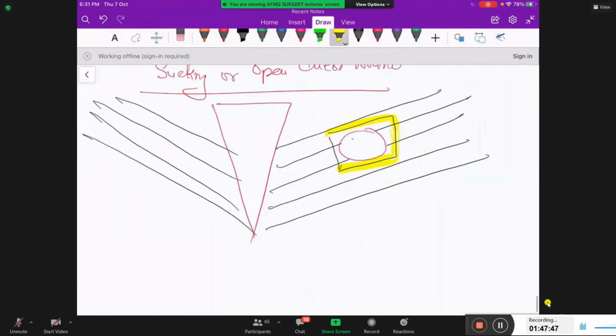Leaving one side open. Now, once you have done this in an open or a sucking chest wound, now you will put a chest tube away from the site of injury.